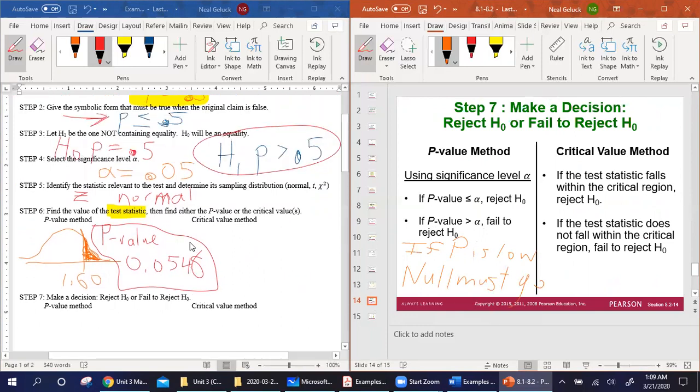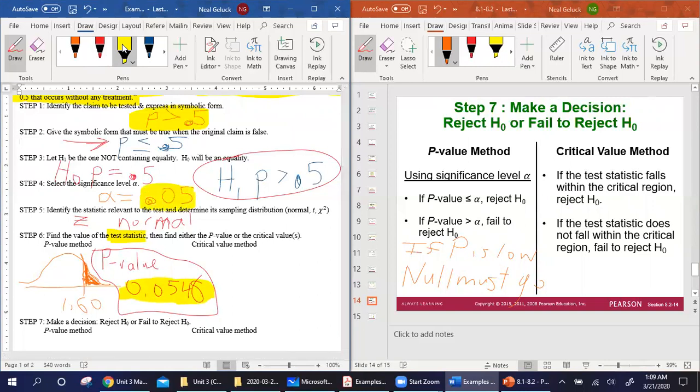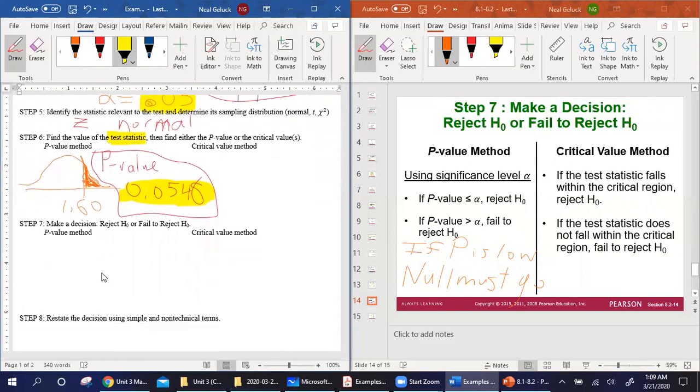Well, my p-value was 0.0548. My significance level was 0.05, so the p was not lower, it was bigger. So since p is bigger than alpha, this is a fail to reject.